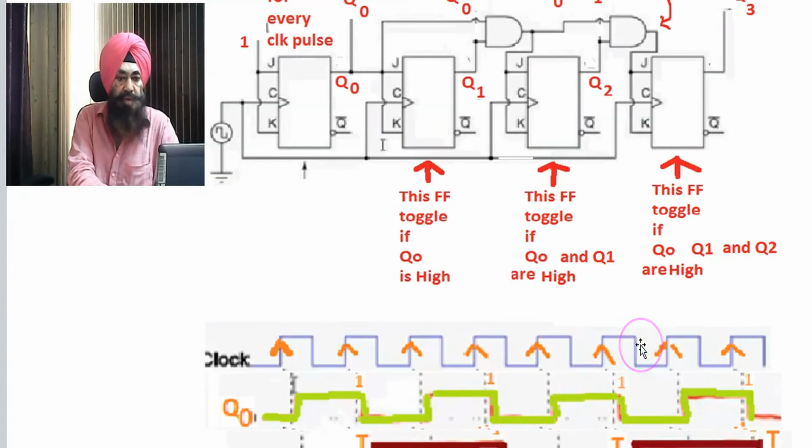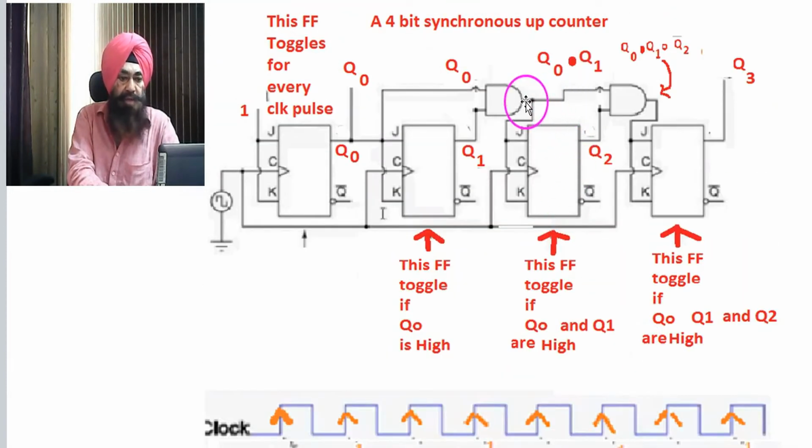Now coming to the next one, the output of the third flip-flop, Q2, is also applied to the AND gate, and that is given to the J and K of the fourth flip-flop.